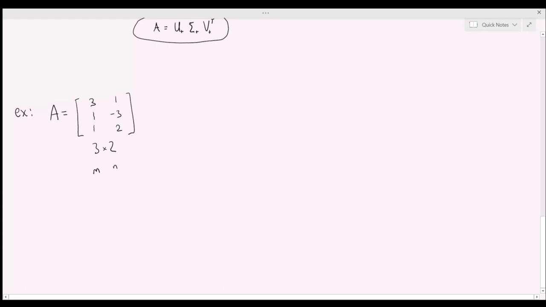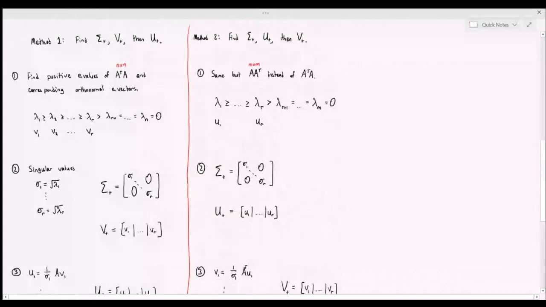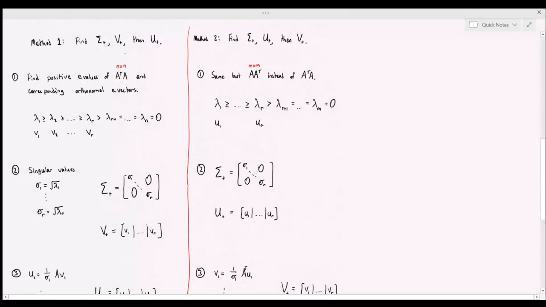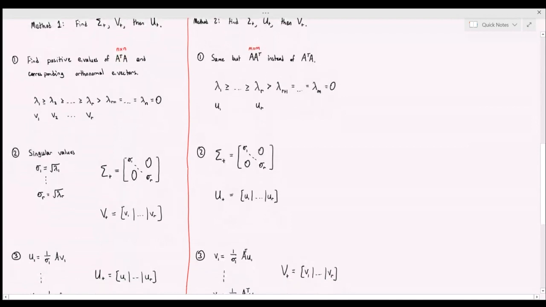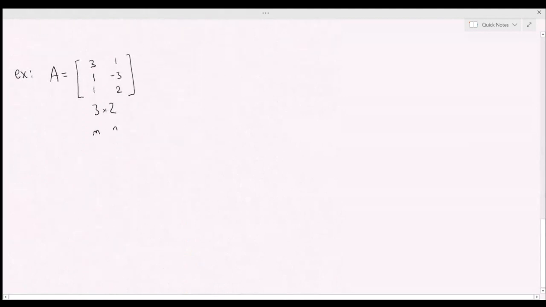Okay, so here, since n is smaller than m, I might prefer to go with method 1 and calculate A transpose A, since that will be smaller than A A transpose, okay? So I'm going to use method 1 to calculate the reduced SVD right now.